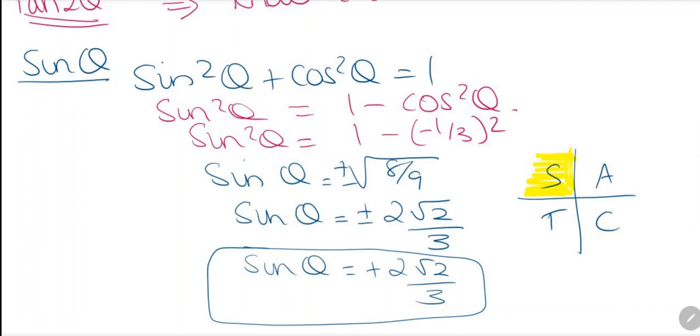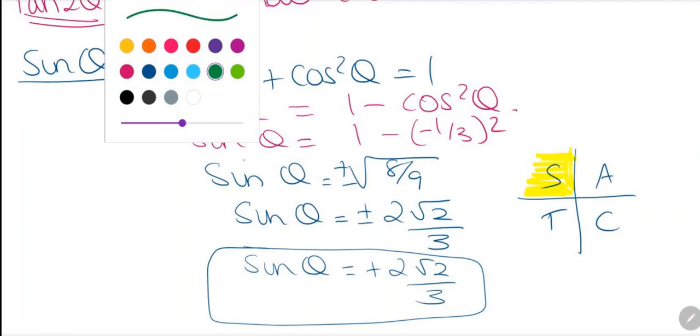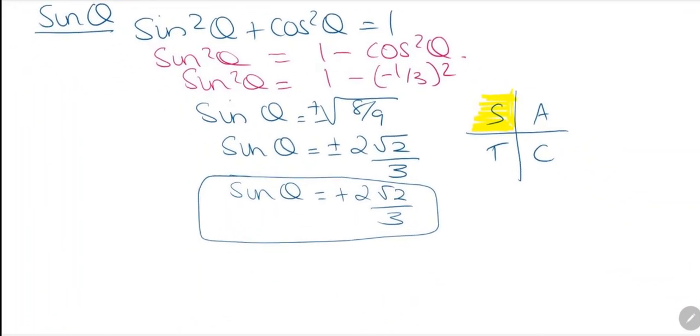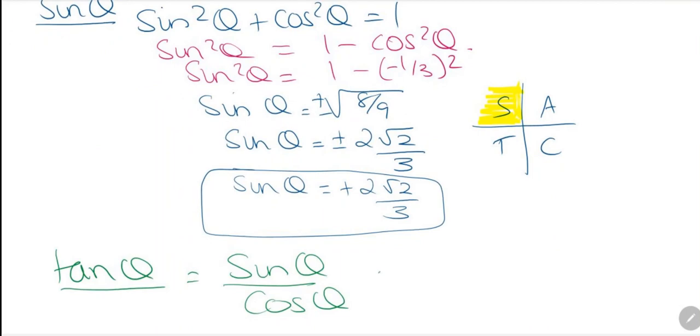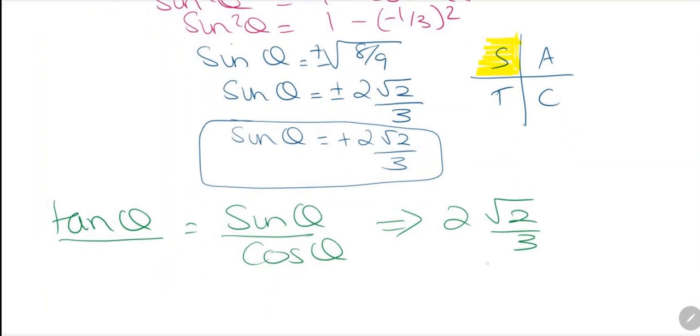So we have cosine, we have sine, and now we can use those to find tan. Tan theta is sine theta over cosine theta. Sine theta is 2 root 2 over 3, and cosine theta is minus a third.